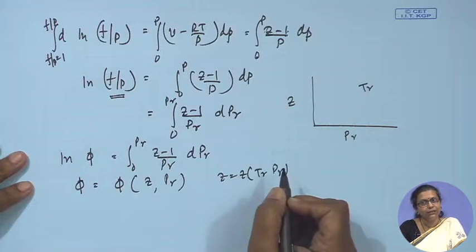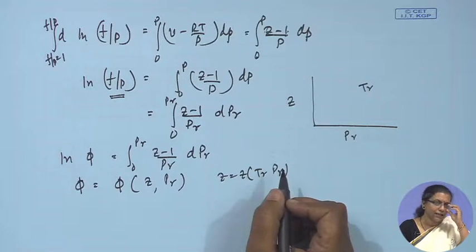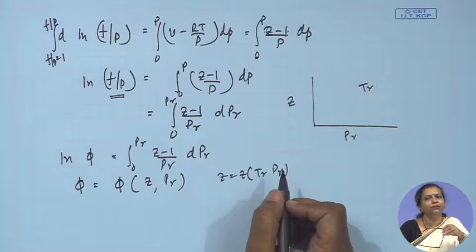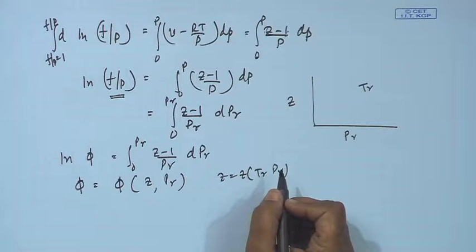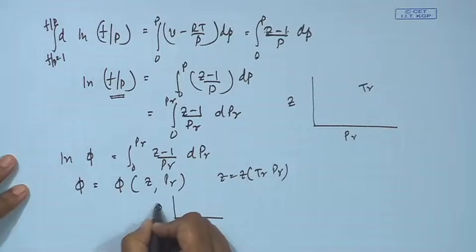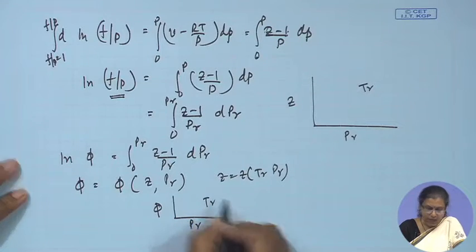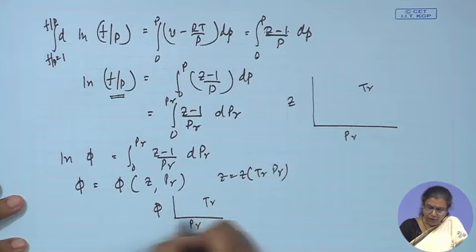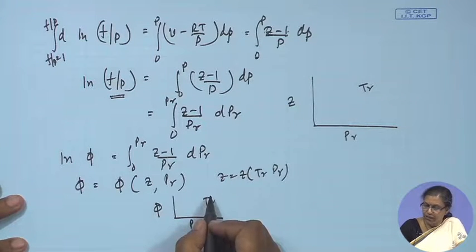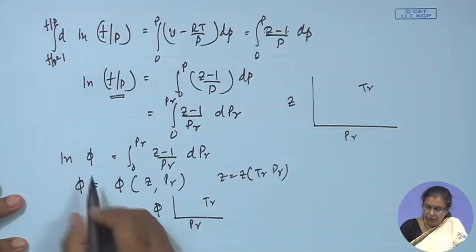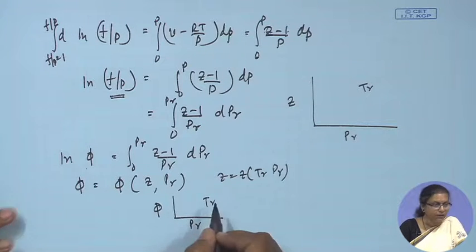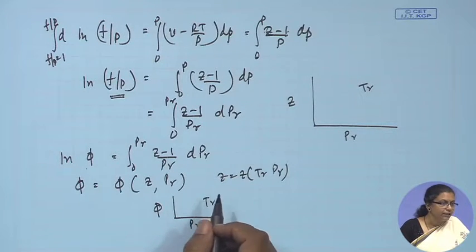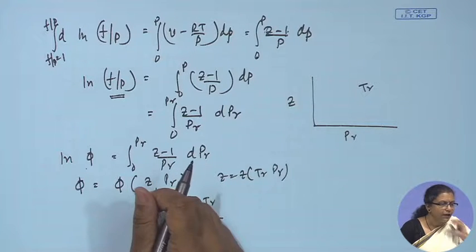So does it suggest that, just like the entropy and enthalpy departure functions, phi also obeys the two-parameter law of corresponding states? In other words, we should be able to generate curves like phi versus pr with tr as parameter, and from these curves, in absence of any other data, we should be able to find out phi. Let us see whether such charts are available.